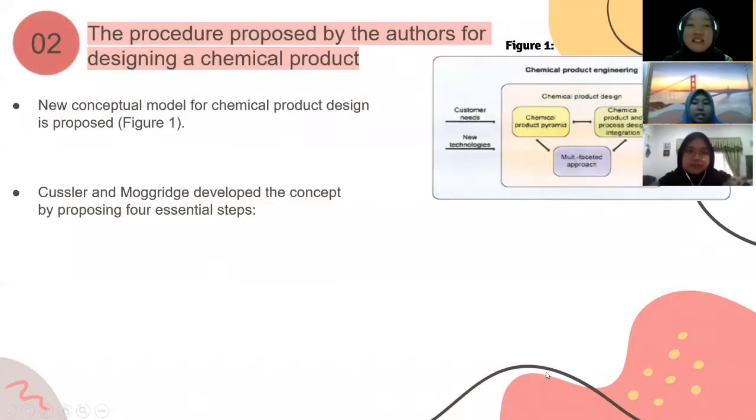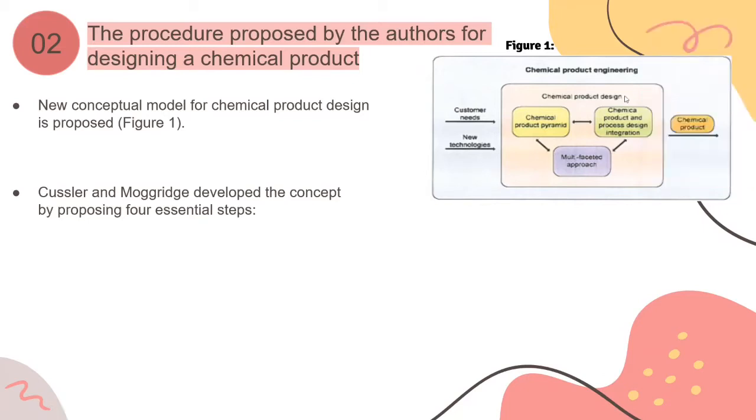Okay, so the next issue that we're going to talk about is the procedure proposed by the authors for designing a chemical product. There is a new conceptual model for chemical product design that is being proposed, and there are 3 pillars in the chemical product design concept, which are chemical product pyramid, chemical product and process design integration, and also multifaceted approach.